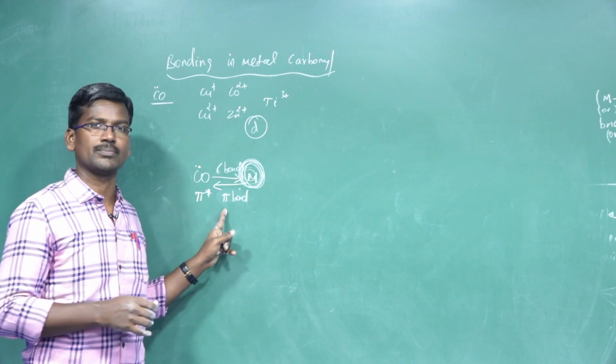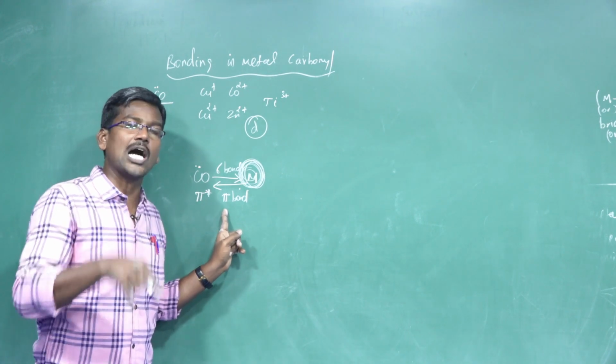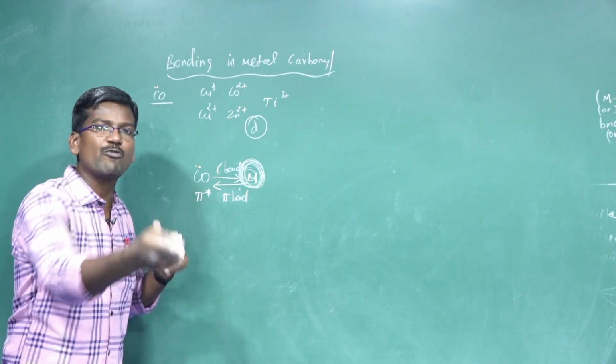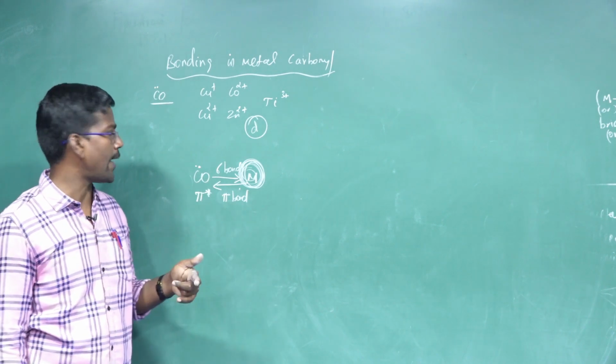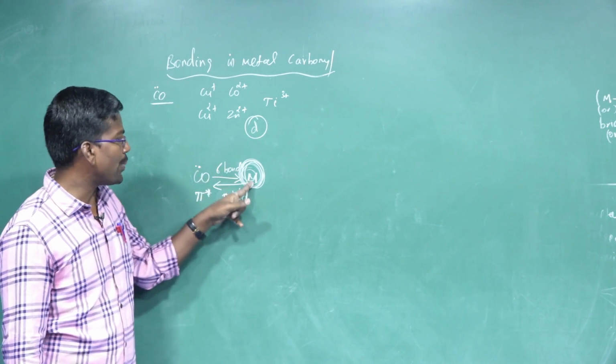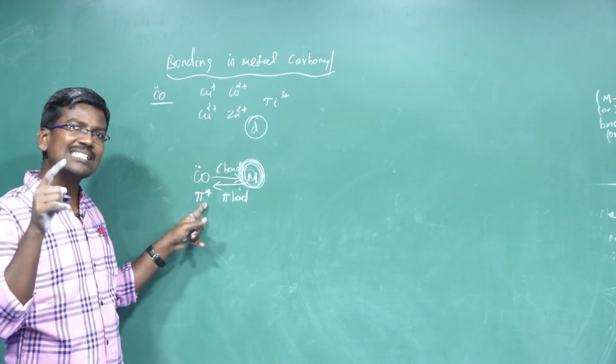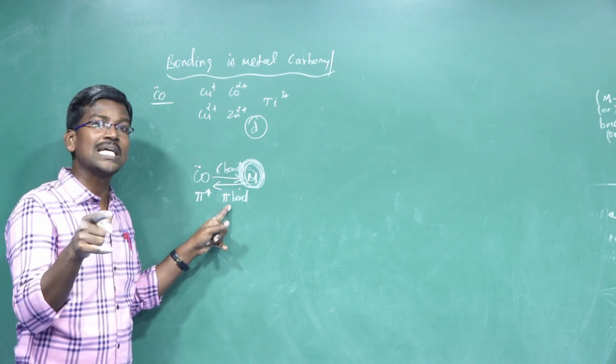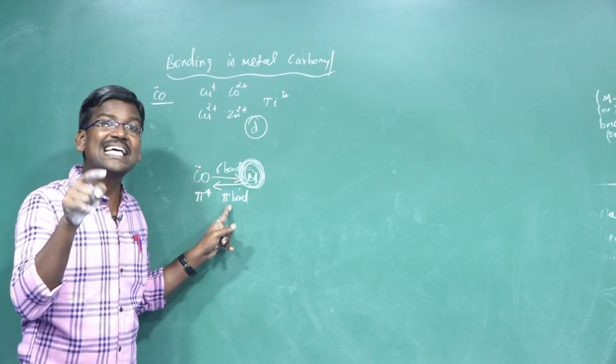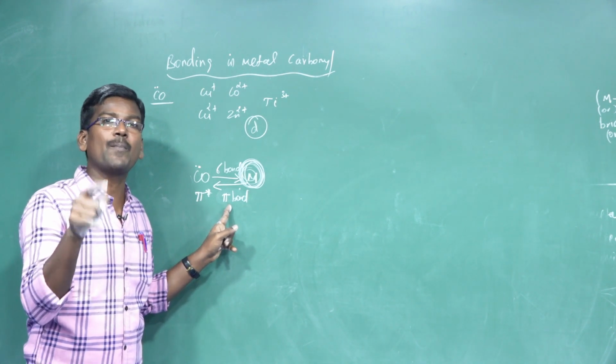It is the second component. In this metal carbonyl, the electrons move from the carbonyl ligand to the metal through a sigma bond, and from the metal to the antibonding pi star orbital through a pi bond. This effect is known as the synergistic effect or back bonding effect.